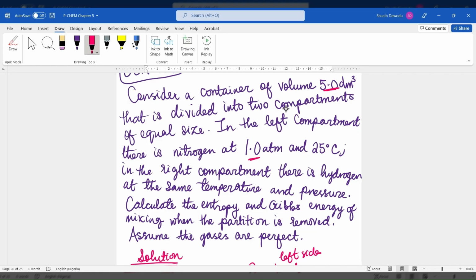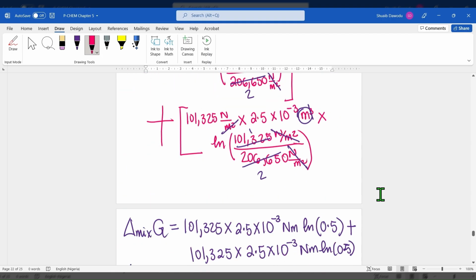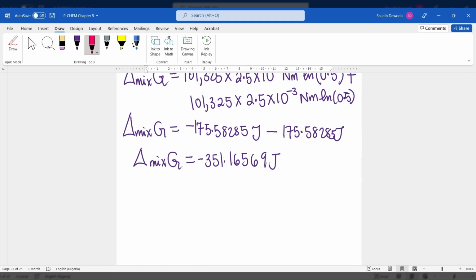For those of you who do not know, the lowest number of significant figures is going to be the number of significant figures our final answer has to be in anytime you're dealing with chemistry calculations. In this case, our calculation involved 5.0 dm cube and 1.0 atmosphere. They are both in 2 sig figs. So our final answer has to be written in 2 sig figs.